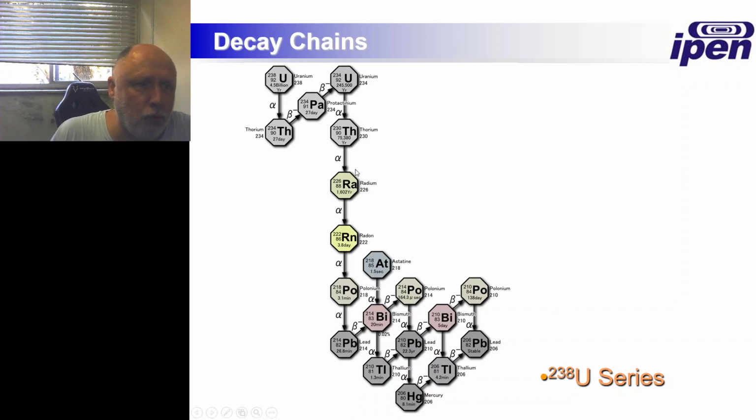For instance, uranium 238 is one of the fundamental nuclides. They are called very old nuclides. What happens? It has a 4.5 billion year half-life, right? And it decays into thorium 234, which has a 30 days half-life, which then decays to protactinium 234, same 27 days.